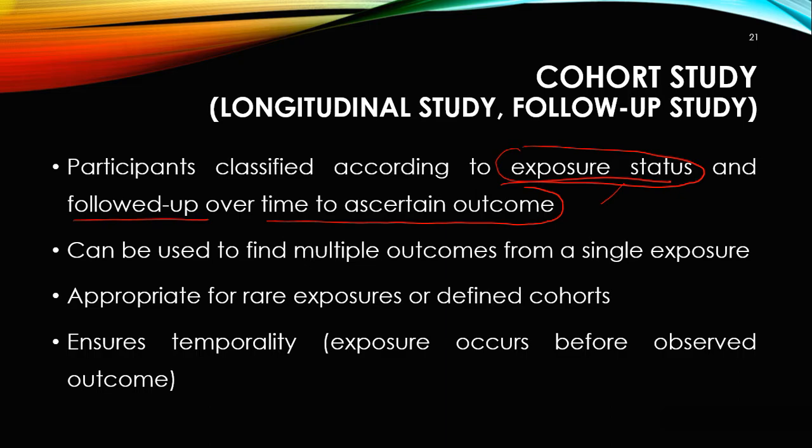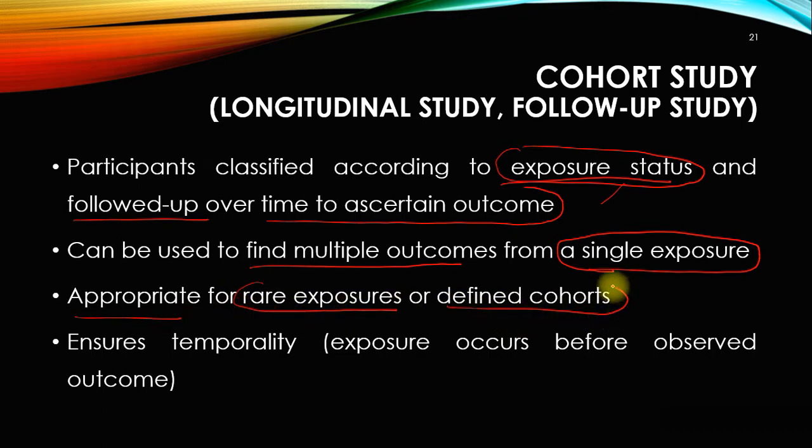So depending on status, we can classify as exposed or unexposed. It can be used to find multiple outcomes from a single exposure. Okay, then it is appropriate for rare exposures or defined cohorts, and it also ensures temporality, that is, exposure occurs before observed outcomes.